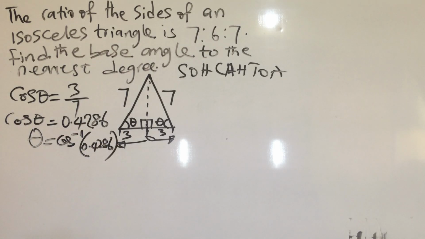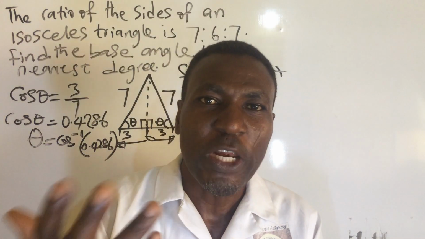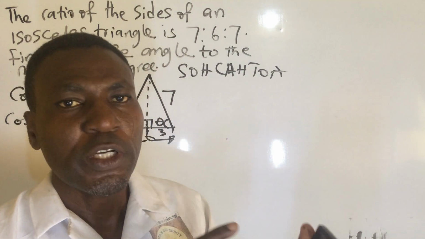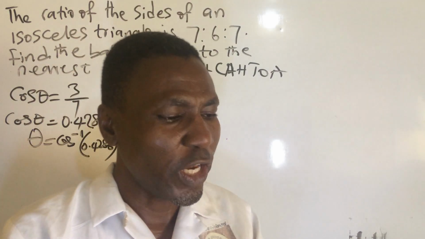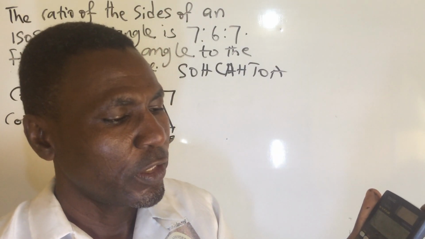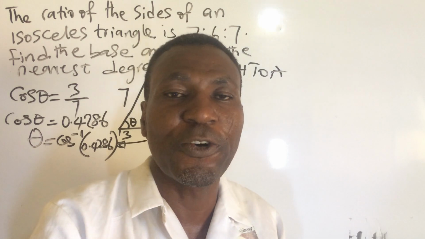0.4286. Close it. You now bring your calculator to type inside your calculator. Look, on your calculator you press shift, then press cos because the cos inverse is under the cos, okay?